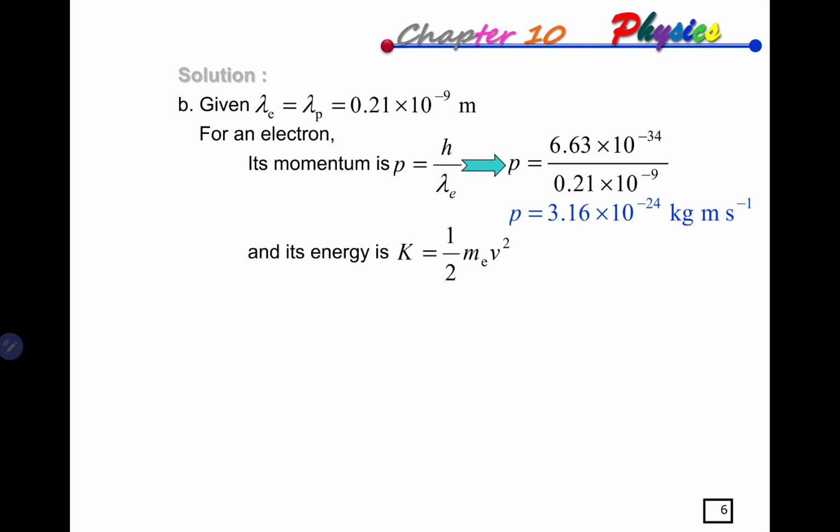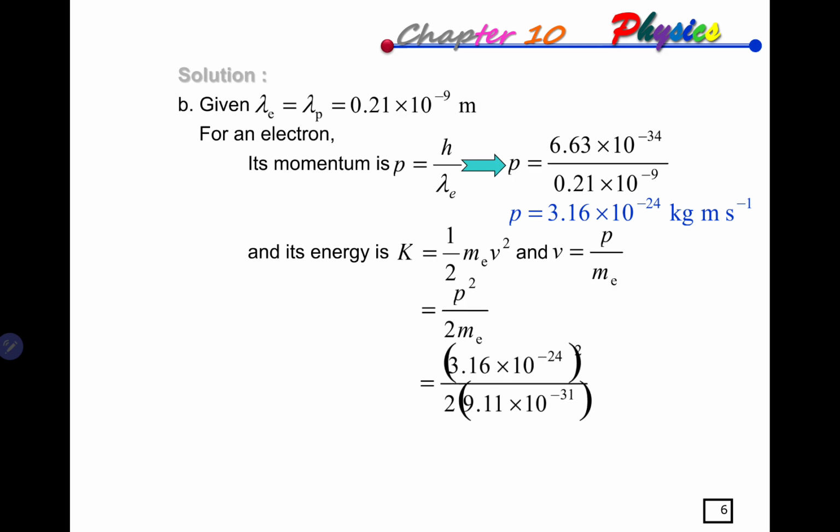And its energy we can calculate from the kinetic energy equation, half mv squared, and since v is the ratio of momentum over mass, we can determine that. Replace in, and find the final value, which ends up with 34.3 eV.